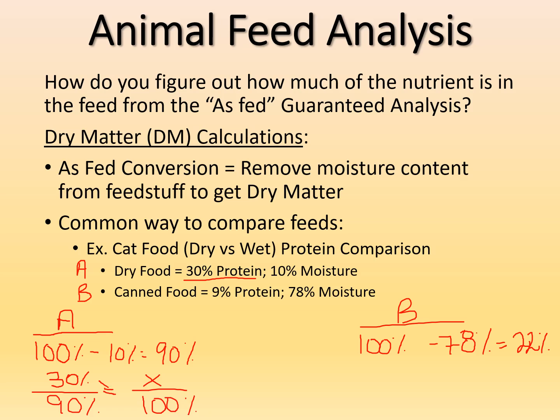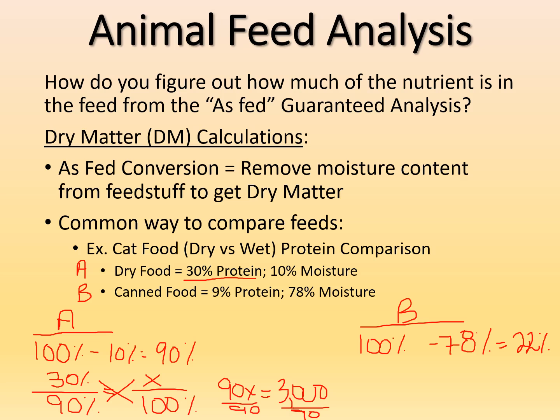So we do our cross multiplication, which is 90 times X equals 30 times 100. So 3,000. Then you solve for x by dividing by 90. Sorry, it's getting a little squished here at the bottom.